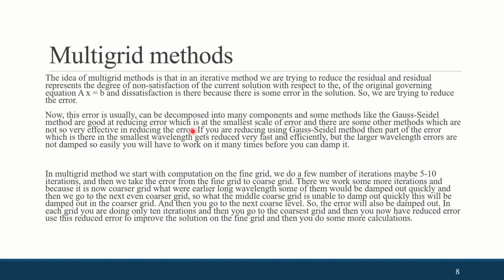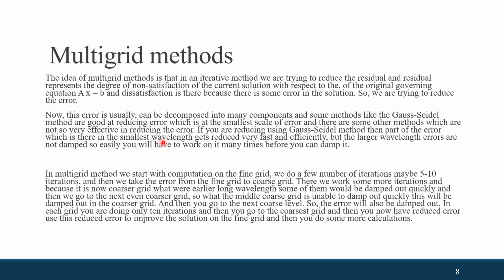If there is, for example, large wavelength error and small wavelength error, some techniques would be effective with some, while some others would not be so effective in those cases. Gauss-Seidel and the like are good at reducing short wavelength errors, whereas for longer wavelength errors these are not so effective.